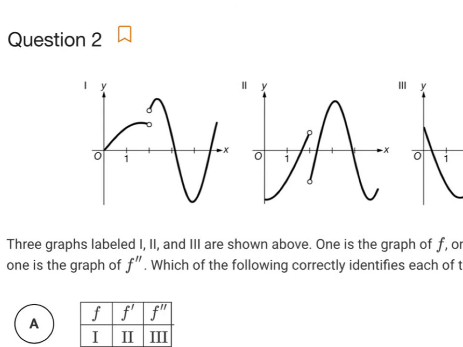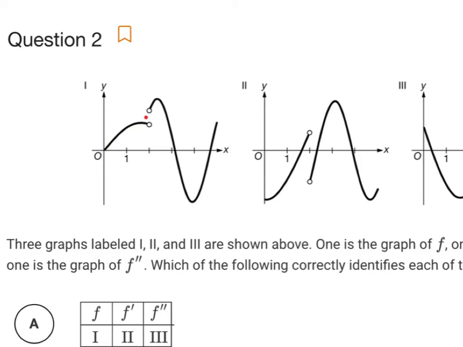Okay, if 1 is the derivative of 2, we'll focus on 2. We see this is increasing from 0 to 1.5 and is above the x-axis. Actually, it keeps increasing all the way until you get to 3. And that makes sense. And there's a discontinuity here, that makes sense.